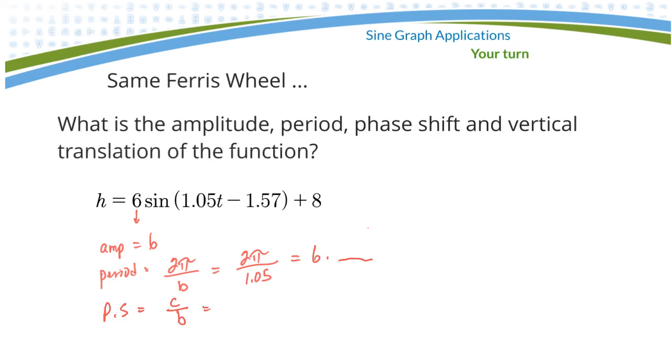So c is 1.57 and b is 1.05. So this answer will be 1 point something or other. That's your phase shift. And then finally, vertical translation is this number here, 8. So the graph has moved up 8 units. Oh, and the phase shift, I should have said it's 1 point something to the right.